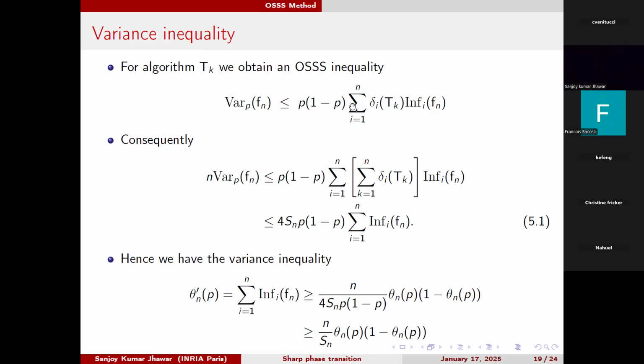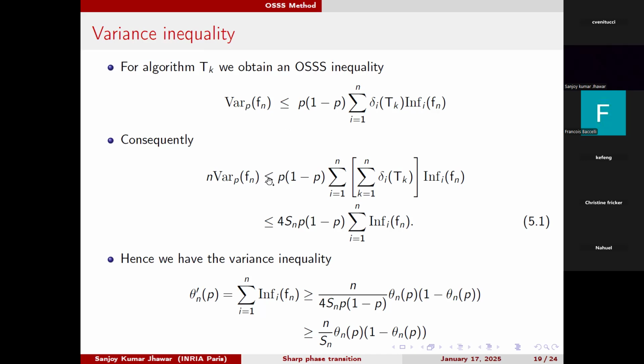For now, let us assume that the number of edges is n, and i is the first edge. Then you derive this OSSS inequality for each of the algorithms, but on the left side this remains the same function, right?